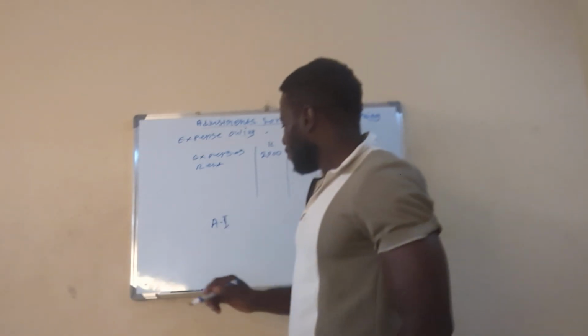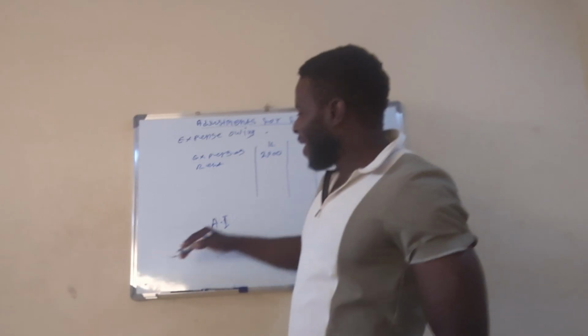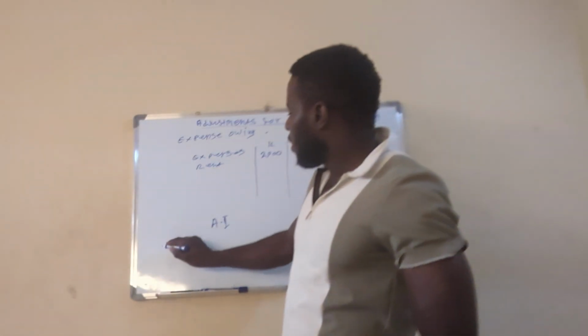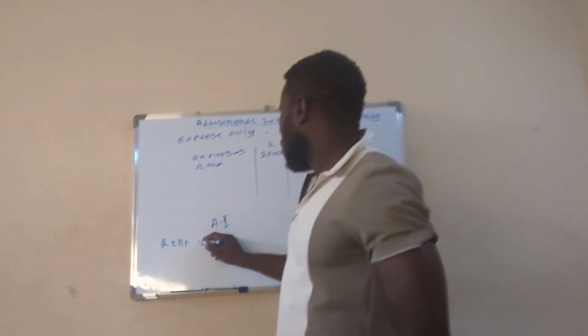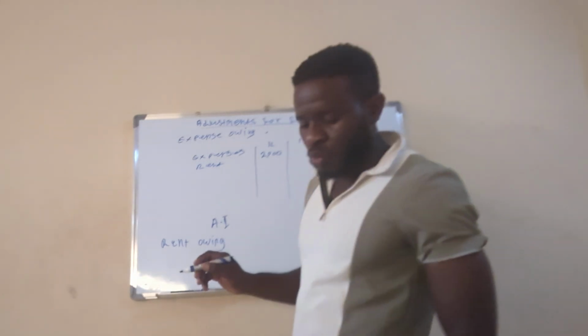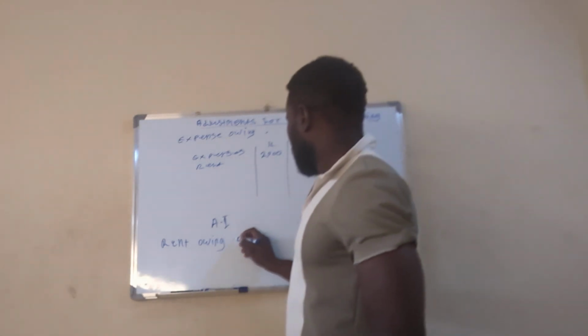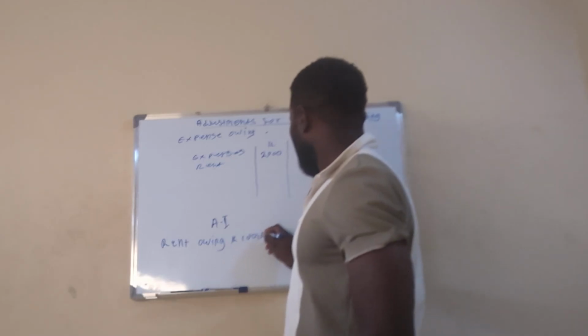1,000. So it will be there in the additional information at the end of the trial balance: you write rent. If you see something like rent owing, or rent accrued, or rent due, 1,000 kwacha.